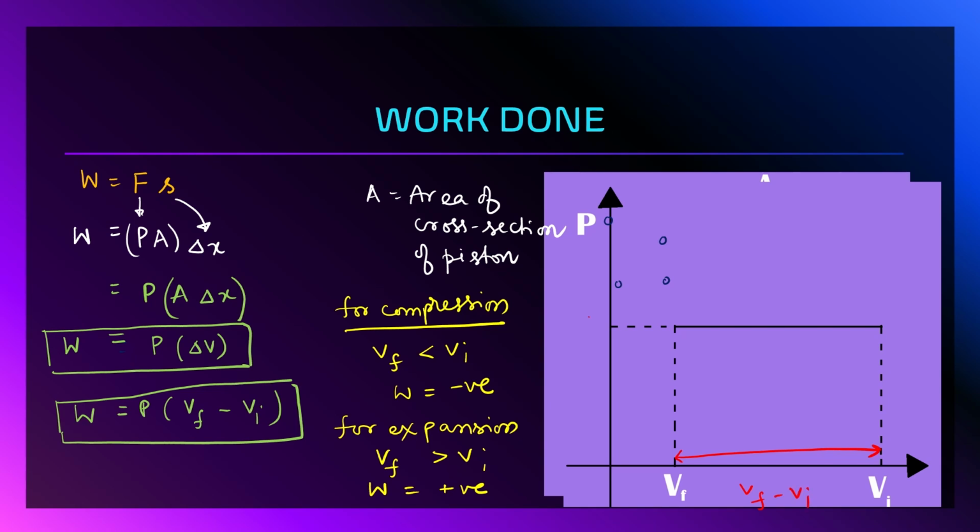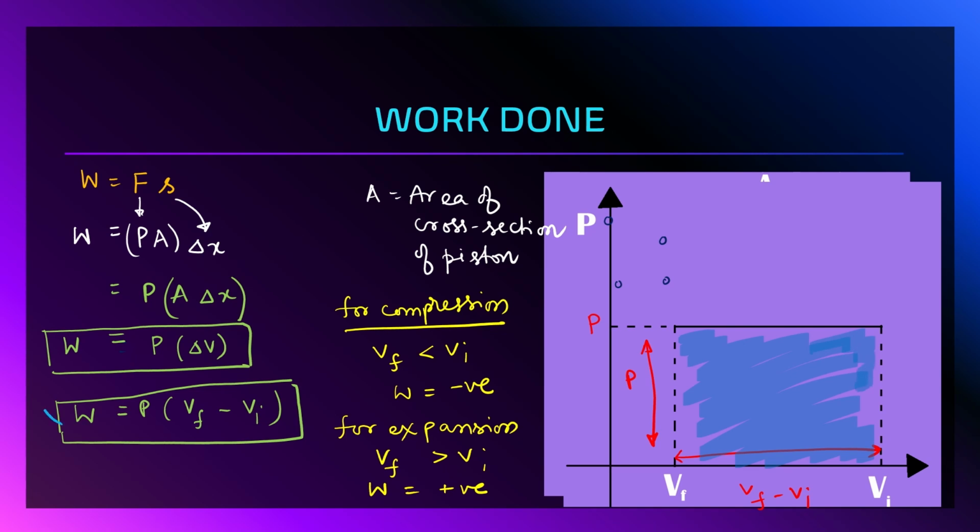And let's say this is the pressure. What is this distance? This distance is your pressure. Now, if I multiply both, P into Vf minus Vi, what am I going to get? I'm going to get this area. So what other conclusion can we bring here?